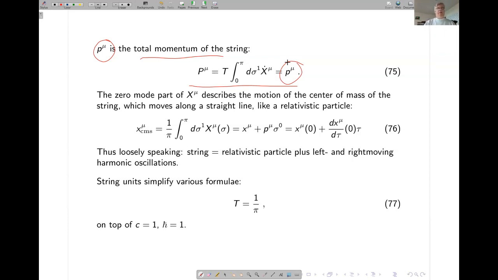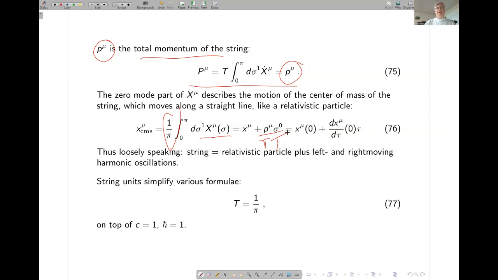We can also compute how the center of mass of the string moves. In this case, we have to integrate x mu over sigma 1 and normalize by the interval. And then, I think here I forgot a factor pi over T, we see that this gives us a constant term plus a term linear in worldsheet time sigma 0 with the momentum as a coefficient.